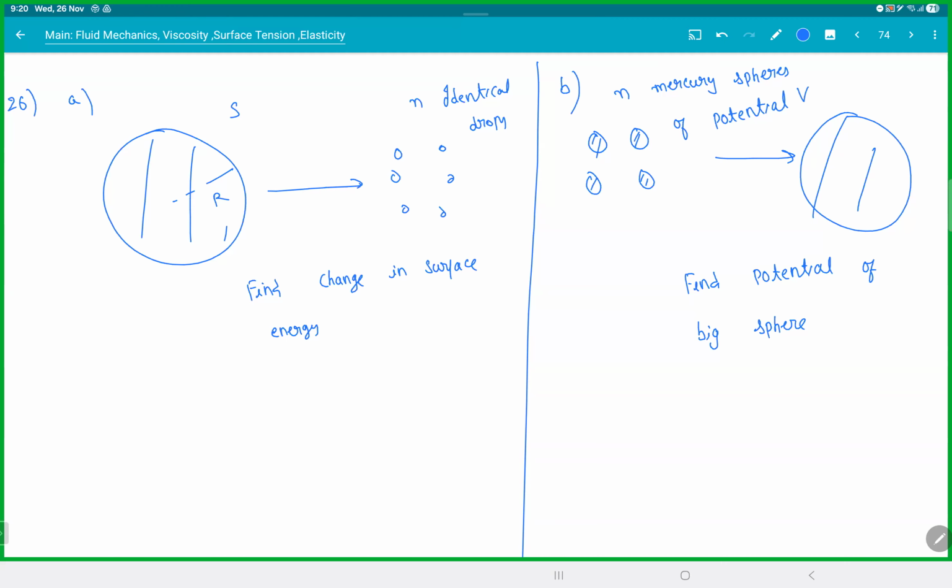Is there anywhere else where we do something like this? You break drops or combine drops? I don't remember. If you remember, let me know.